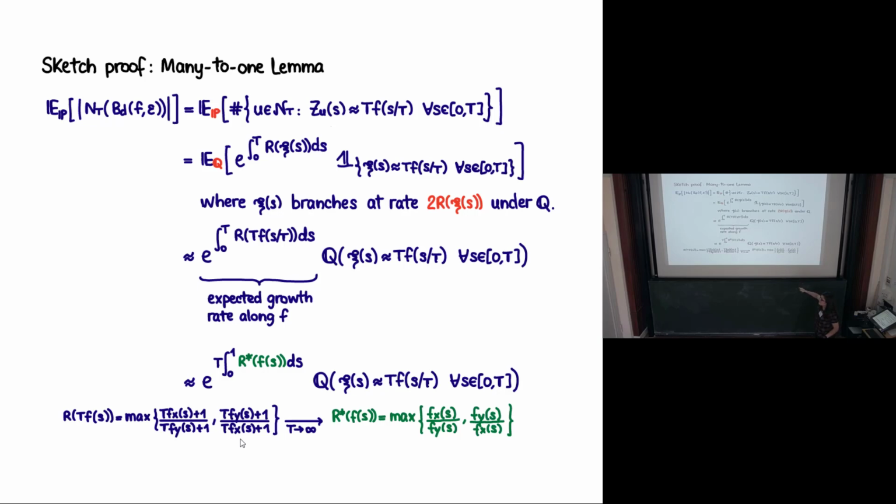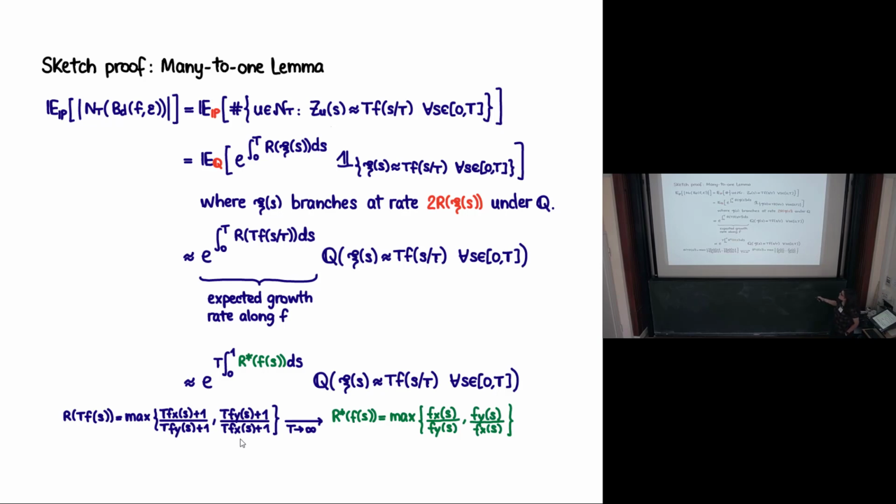It will be e to the power t times the rescaled version of this integral, an integral between 0 and 1, which does not depend on big T anymore, and this r star is going to be the limit as big T tends to infinity of the rate function. So this is the ratio of the two components, and as big T tends to infinity, we just see the ratio of the two components of the function in 0, 1. This is just technicalities, to say what we end up with when t is large.